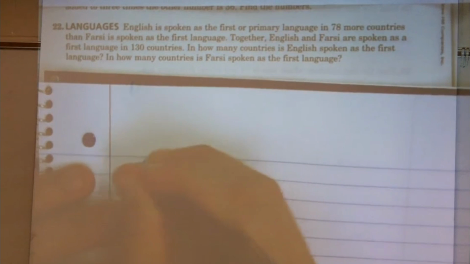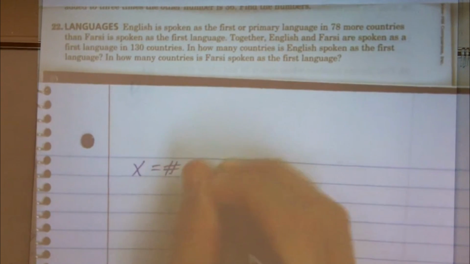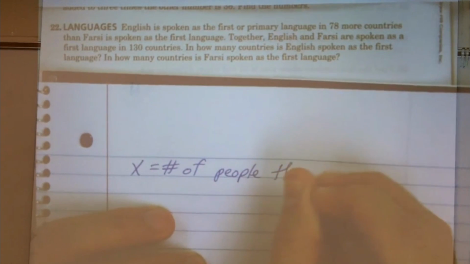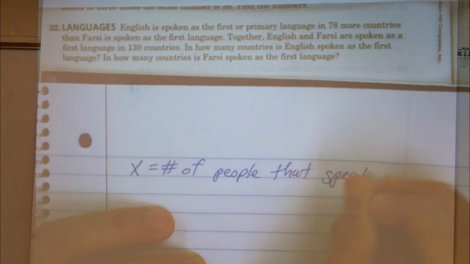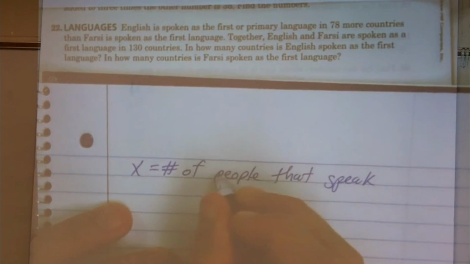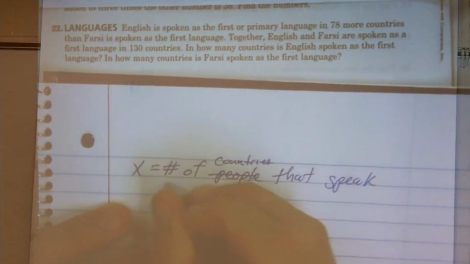What do you want x to represent? The number of countries that speak English as a first language.